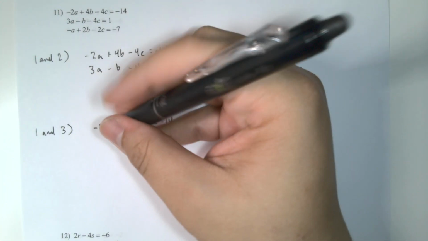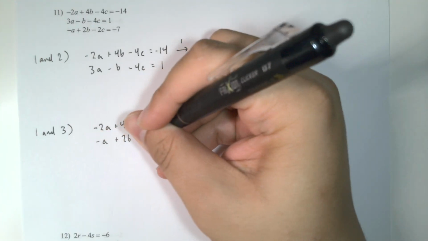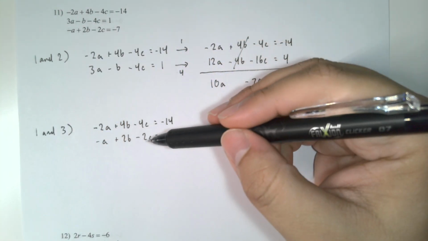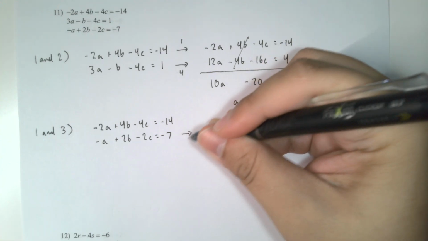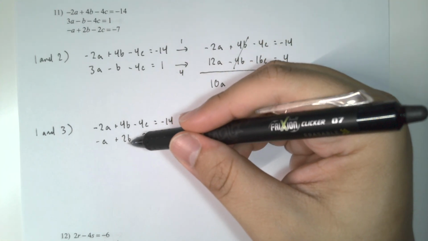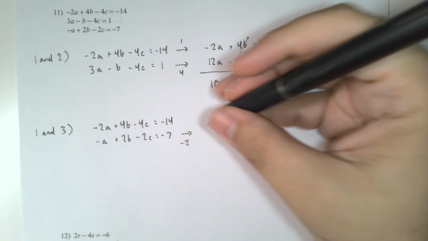And if I take the bottom equation, -a plus 2b minus 2c is equal to -7. If we multiply the bottom equation by -2, we'll have -4b here, and then positive 4b.